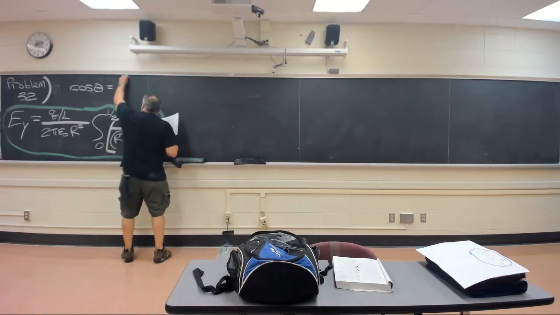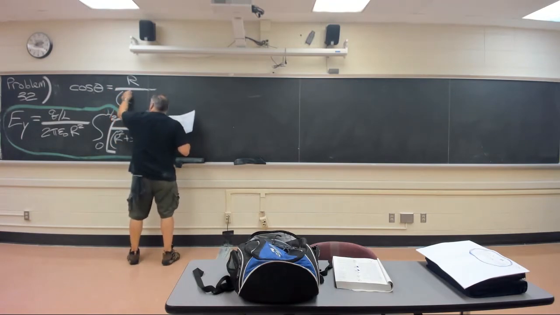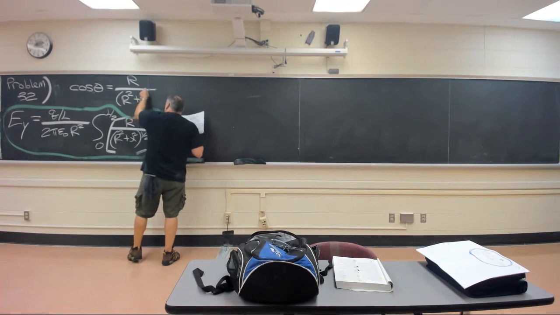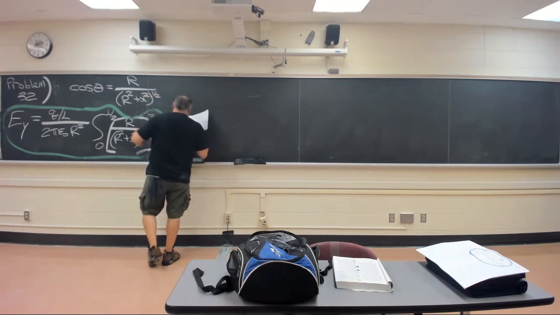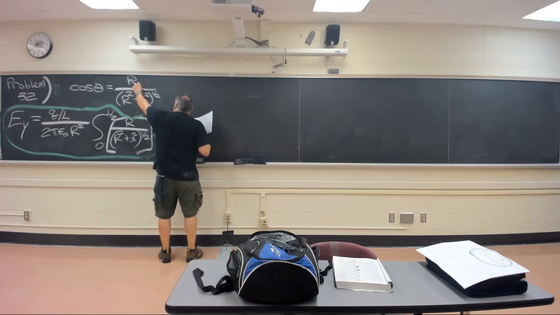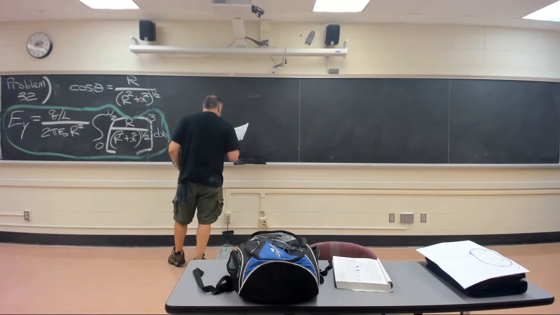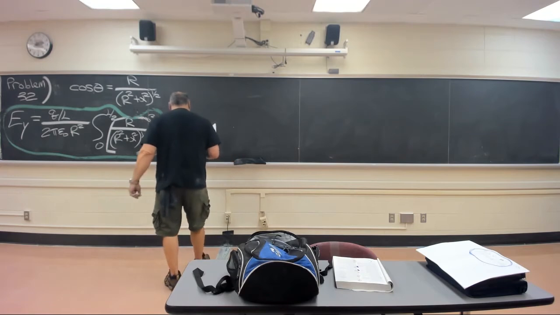Cosine of theta is r, the adjacent over hypotenuse. That whole business right here is the hypotenuse. That's the adjacent. Adjacent over hypotenuse is the cosine of theta, based on what we've been talking about.